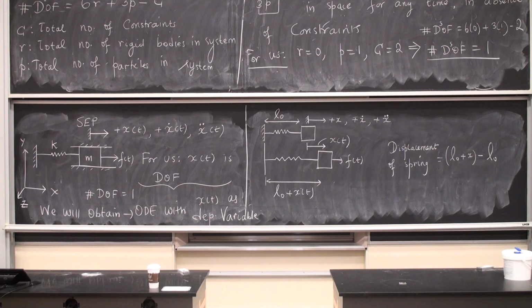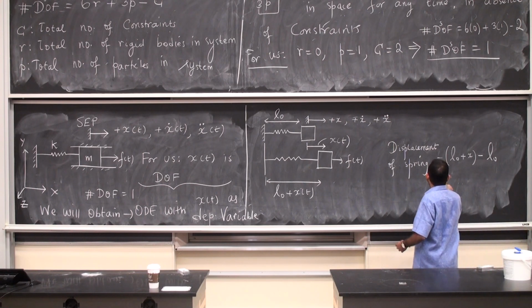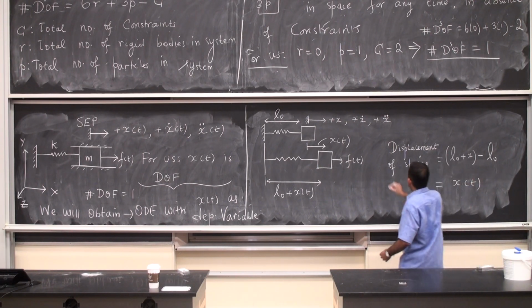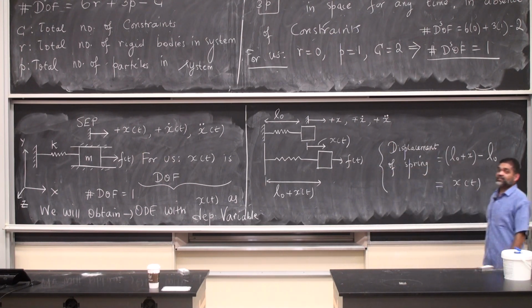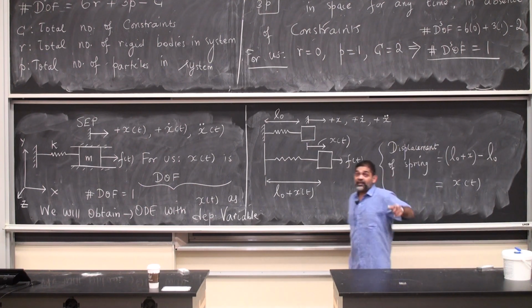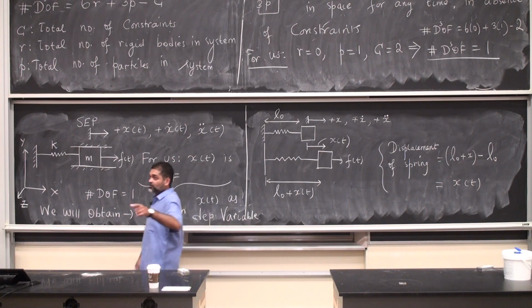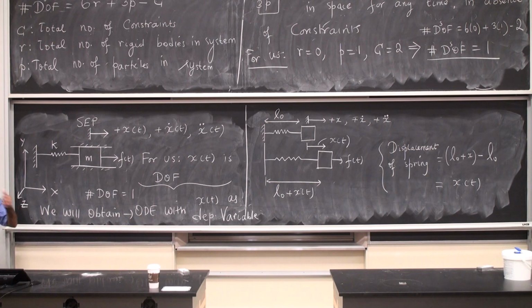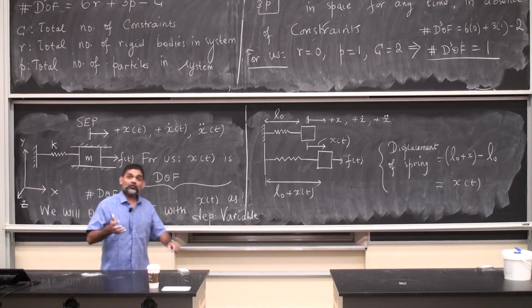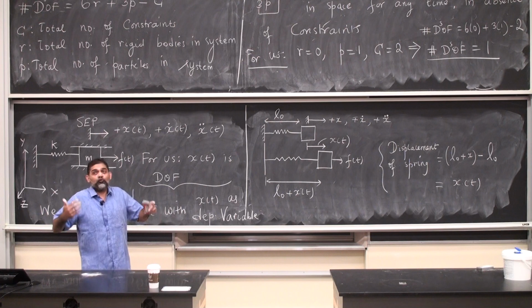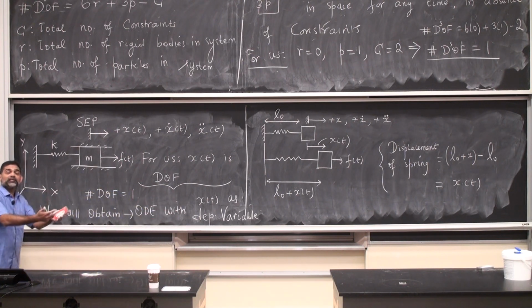Notice this, it is the stretched length minus the unstretched length. And so this is x of t. And what this says is the following. If x of t is positive, the spring is in tension. If x of t is negative, the spring is in compression. And I'm going to assume that x of t is positive. For x of t greater than 0, the spring is in tension.